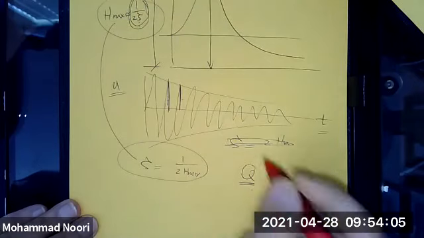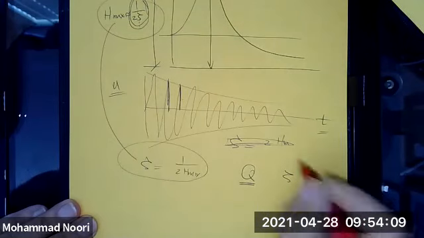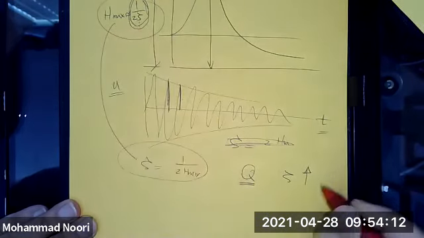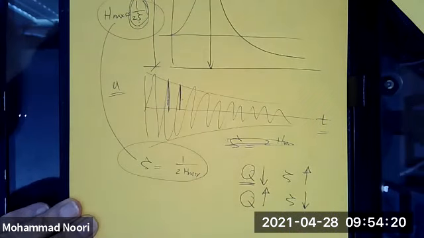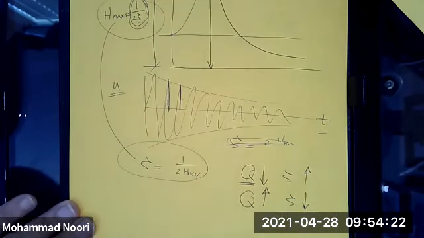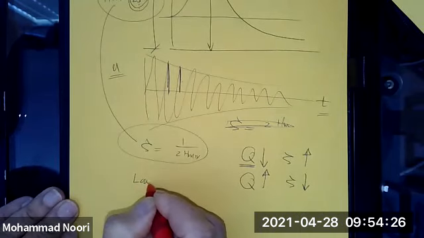You see that as the damping ratio increases, this Q will decrease. If the damping ratio decreases, Q will increase. So for that reason, we use a terminology.